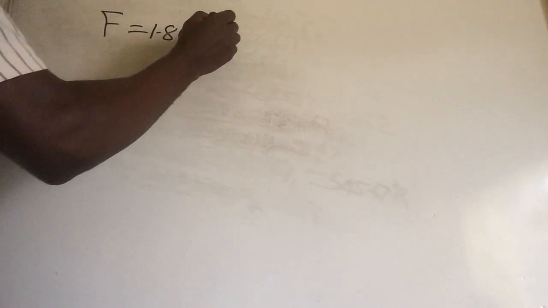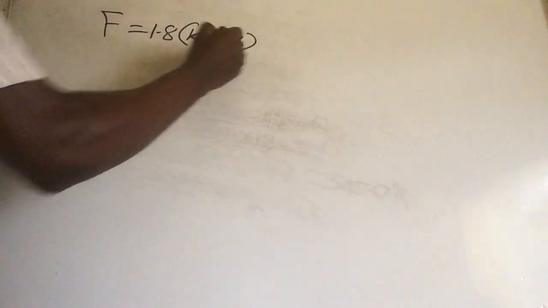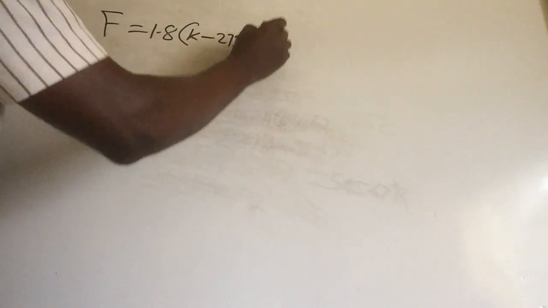So in continuation of our last class, we will convert Kelvin to Fahrenheit. So the relationship is this: Fahrenheit is equal to 1.8 bracket K minus, that is Kelvin minus 273, plus 32.